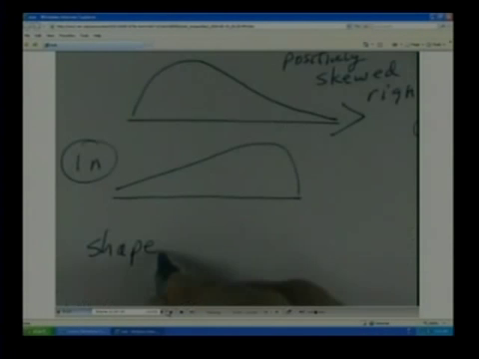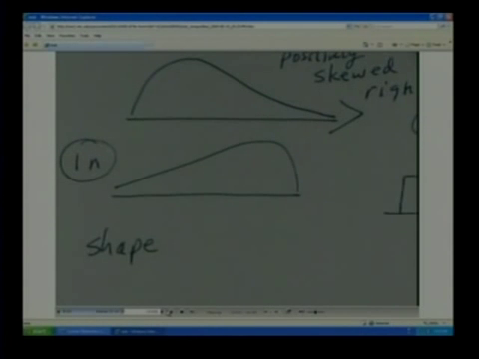So, very important. We have 5 characteristics of data. We have the shape, whether it's positively skewed or a normal distribution. You can have a uniform distribution that sort of looks like a rectangle.